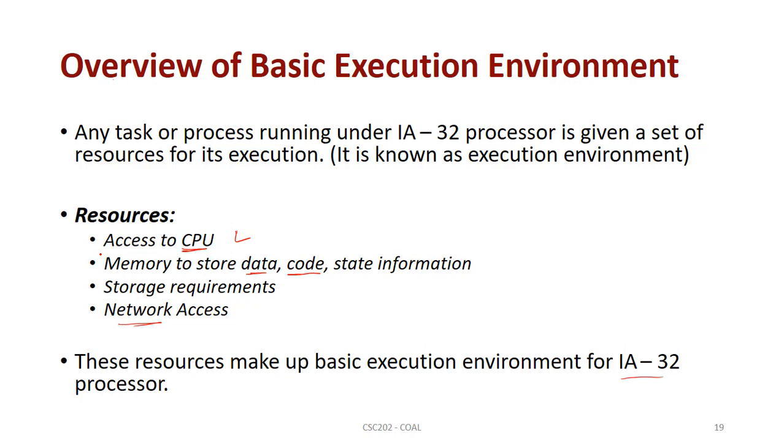And if a process wants to access some network resource locally or via internet, it must require network access as well. All these things are also required for a 64-bit application.